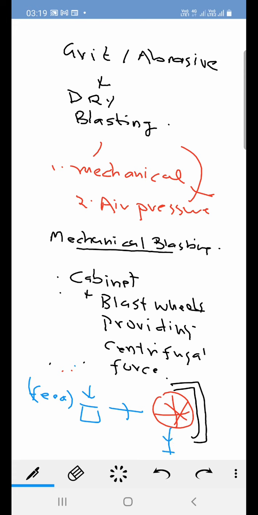So here is the substrate, and these feeds are directed towards the substrate by the centrifugal force, and this is what causes the mechanical blasting.